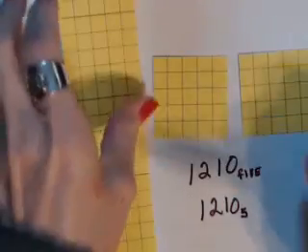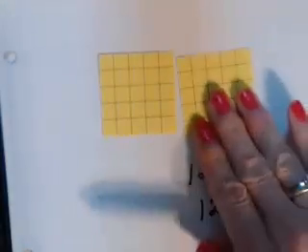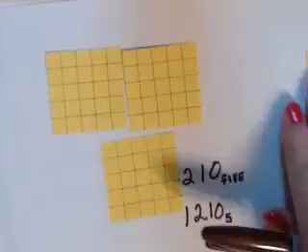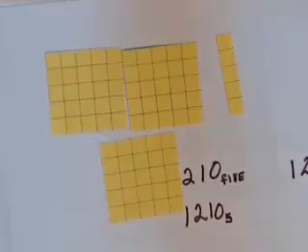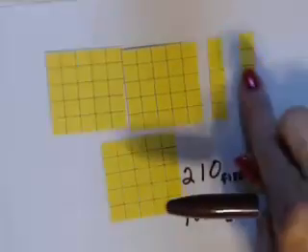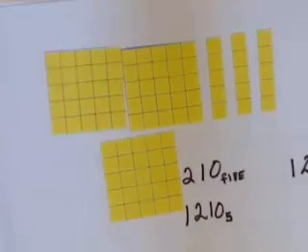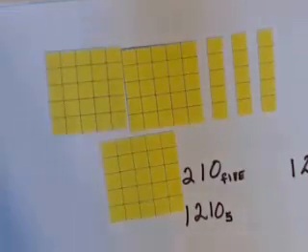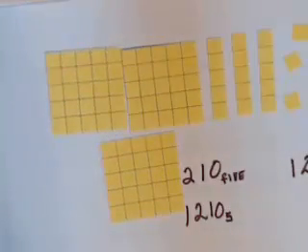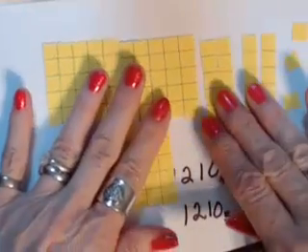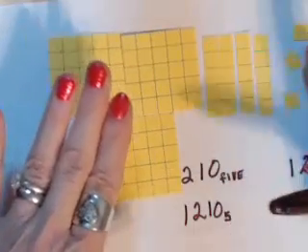Okay, let's practice some more. You write this base 5 number. Okay, I'm finished putting up.